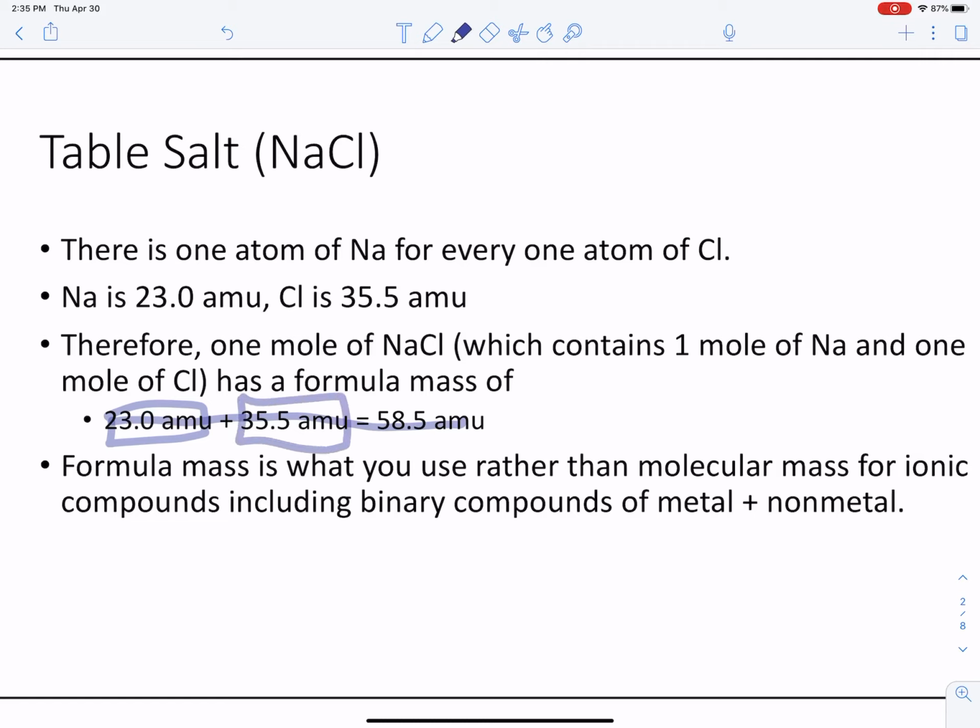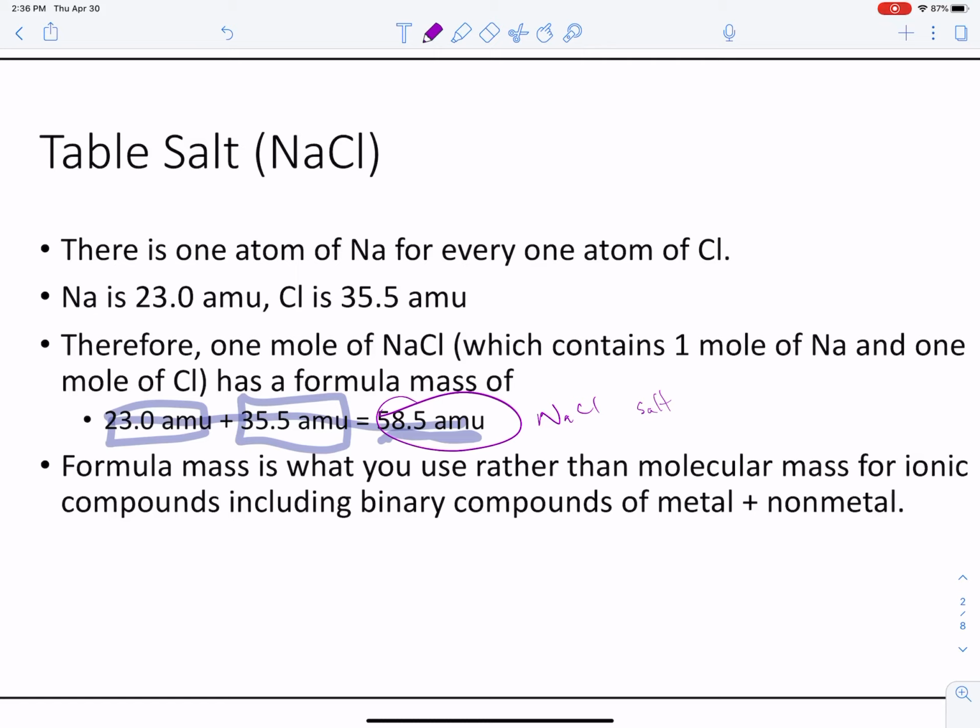Chlorine weighs 35.5 AMUs, and when we put it all together, what do we get? Not bibbidi-bobbidi-boo, we get 58.5 AMUs. This 58.5 AMUs is for NaCl. Now, this, recall, is salt, just your regular table salt.